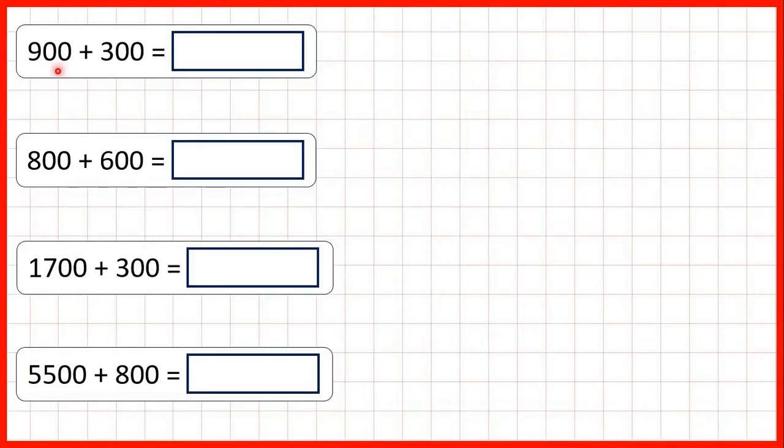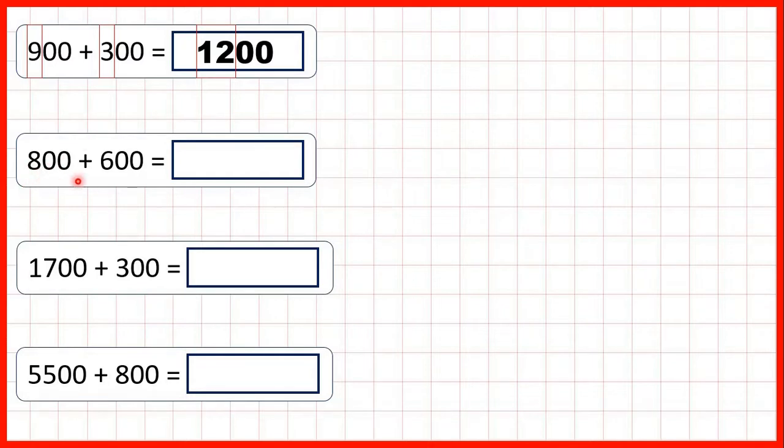For these questions, we need to add 2 multiples of 100, so 2 numbers that both end in 2 zeros. First, we have 900 plus 300. If we highlight our hundreds digits, 9 plus 3 is 12. So our answer is 1,200, because when we're adding multiples of 100, our answer will also be a multiple of 100, so the zeros on the end stay the same.